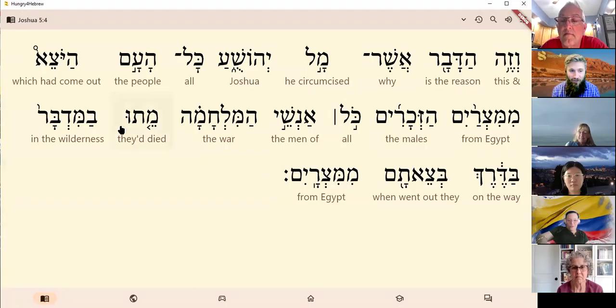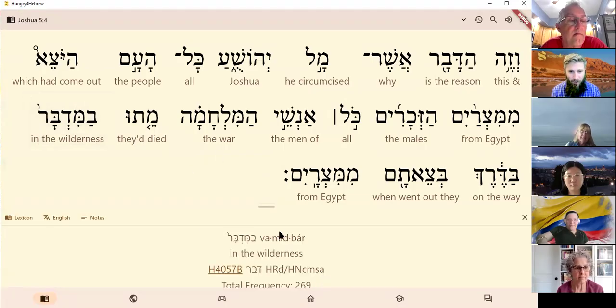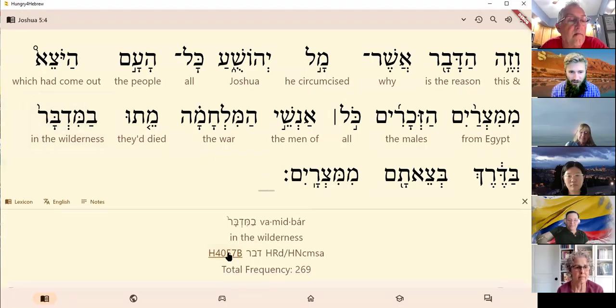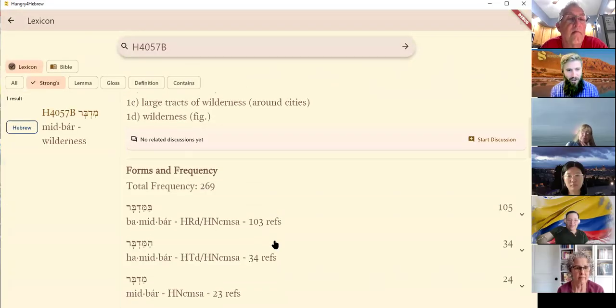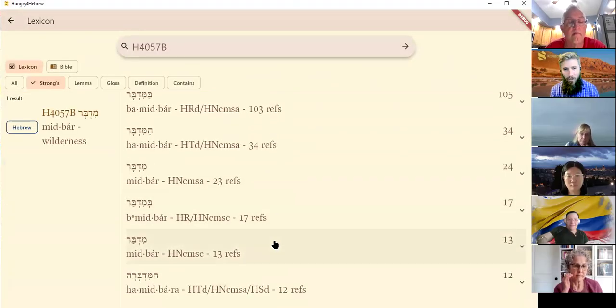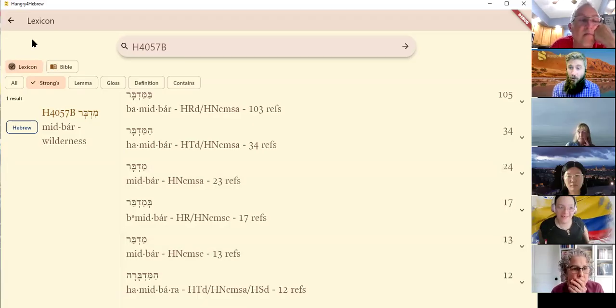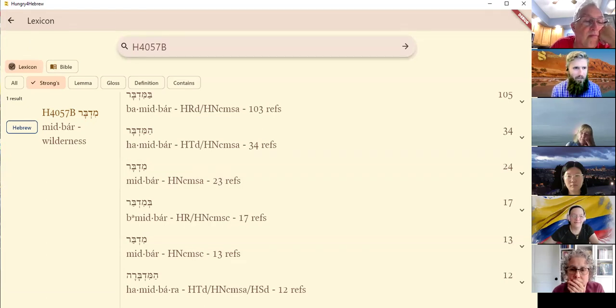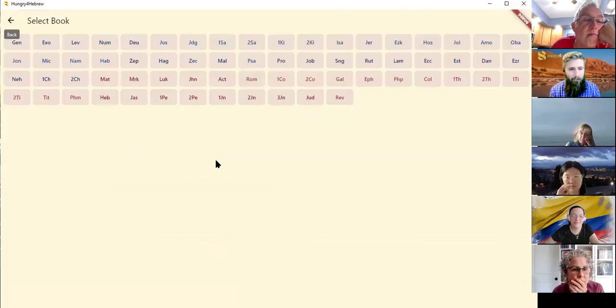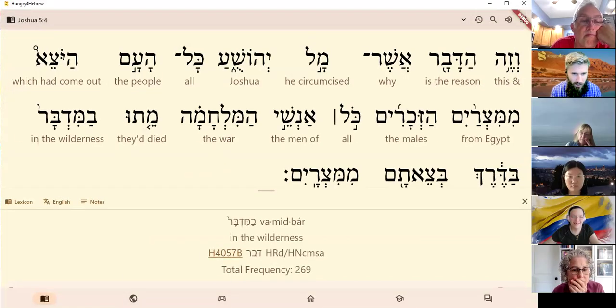And then click on the word Bamidbar, and it opens up here and you can see the details. You can go there, read more about it, find all the different forms in the Bible. And then when you're done, you just click back, which I don't know how to do on a computer. On the phone, you swipe back and it goes right back to your game and picks up right where you left off. But unless somebody knows how to help me swipe backwards on a computer, I don't know how to do that. And let's get back over to the game section.